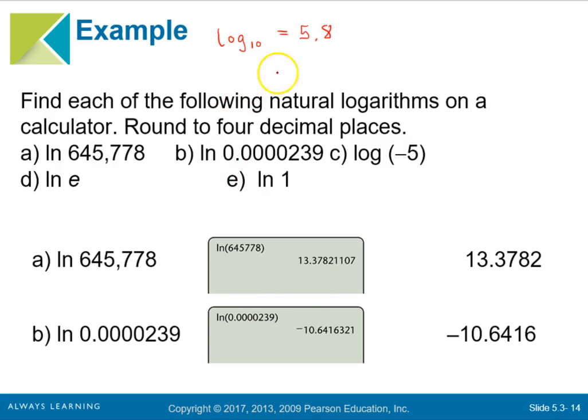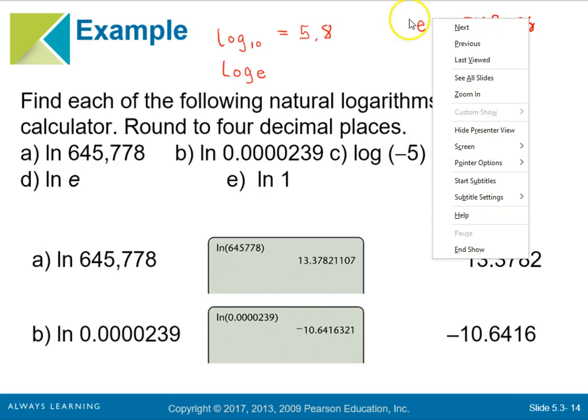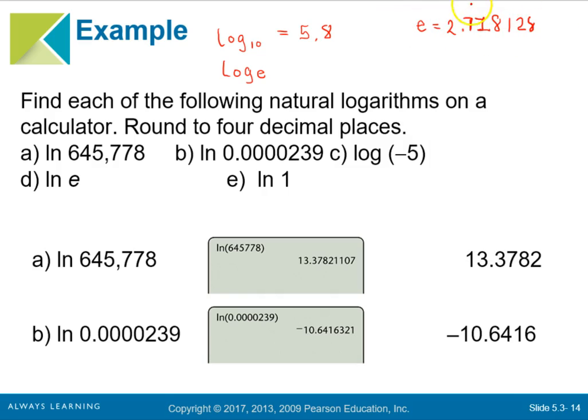Remember, it's something like that. And in this case, we're having log base e. Log base e is going to equal 2.71812, something like that. Anyway, it's less than 3. It's close to 3, but it's less than 3.